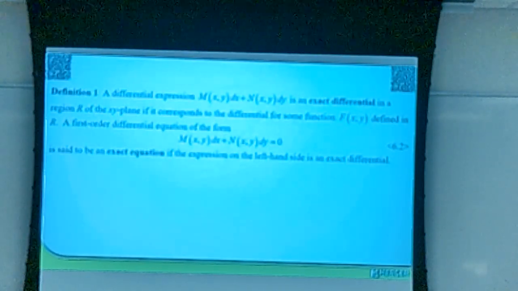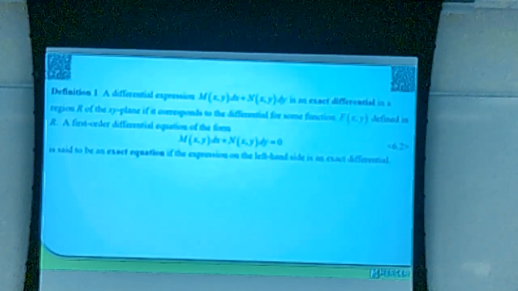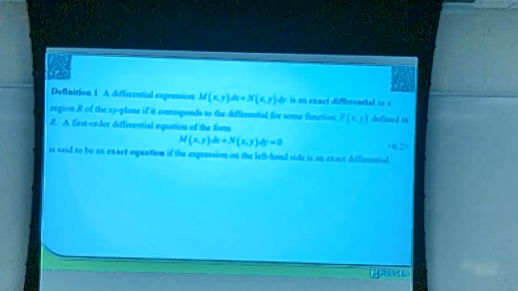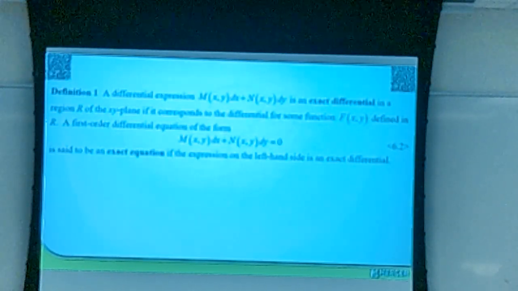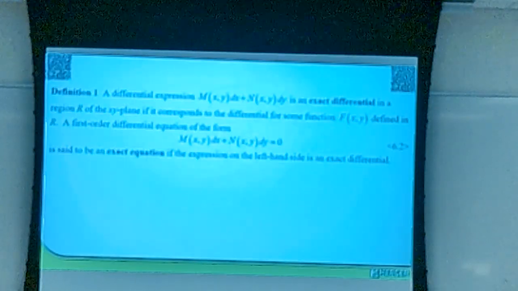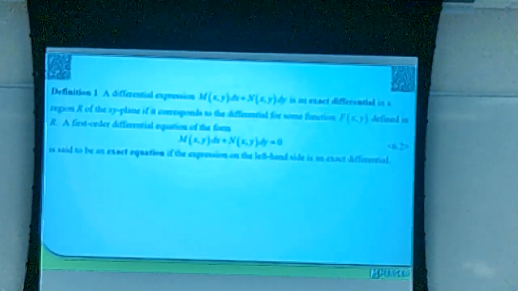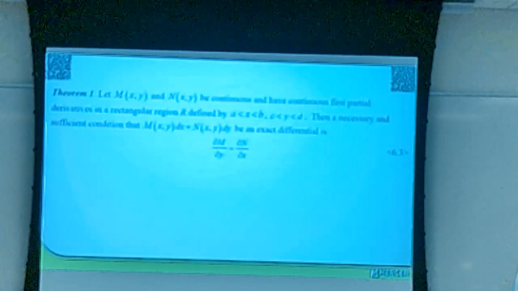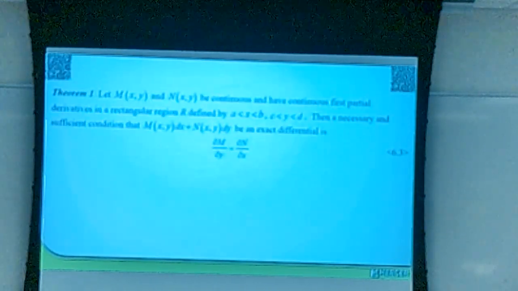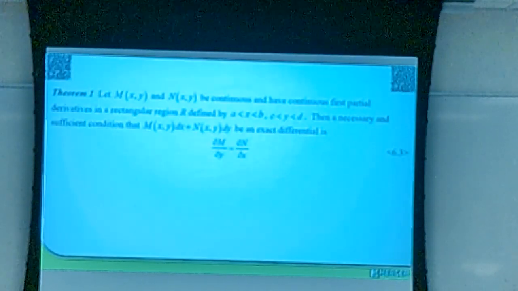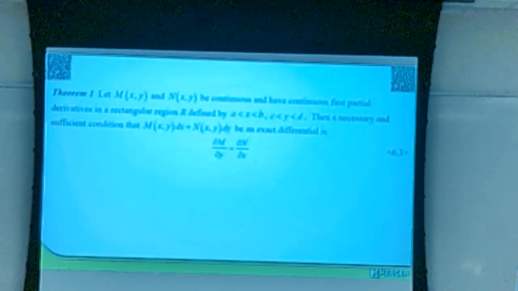If you think of M and N as a vector field, M is your first component, N is your second component, then if that vector field is conservative, the differential is exact, and your big F is your potential function. This is the test for it: partial M partial y equals partial N partial x. That is both the test for the vector field being conservative, and also for it being an exact differential.